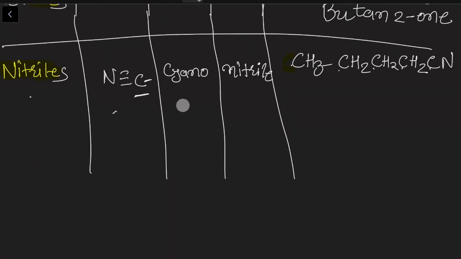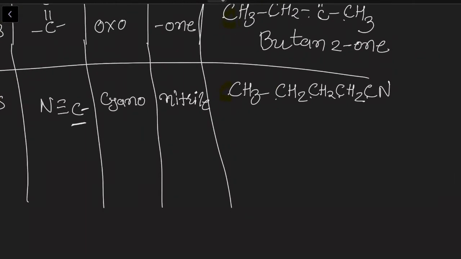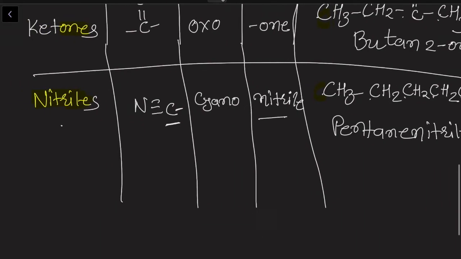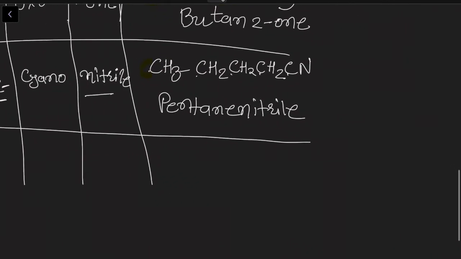The example is not very important, but it's given to you, so it helps some people remember better. And so we're going to call this pentane, right? We don't have any double bond between carbons, so we're going to treat this like an alkane. So it's pentane nitrile. This suffix that we took, we just put it down there. So it is just that simple.